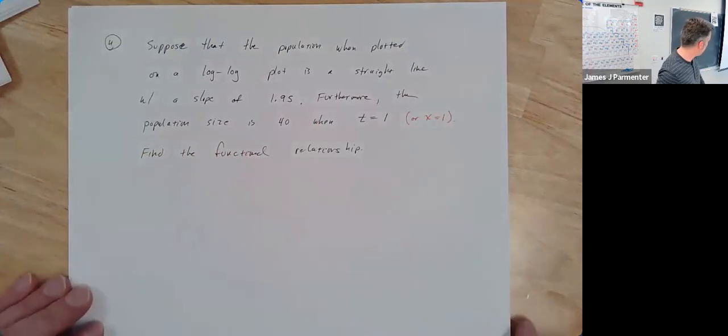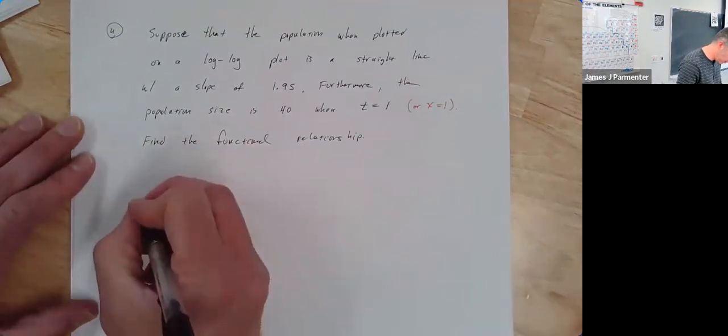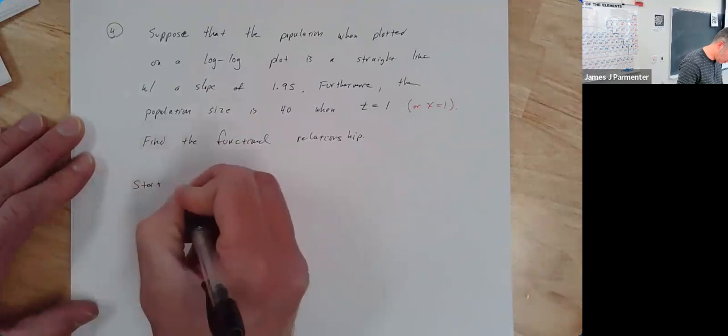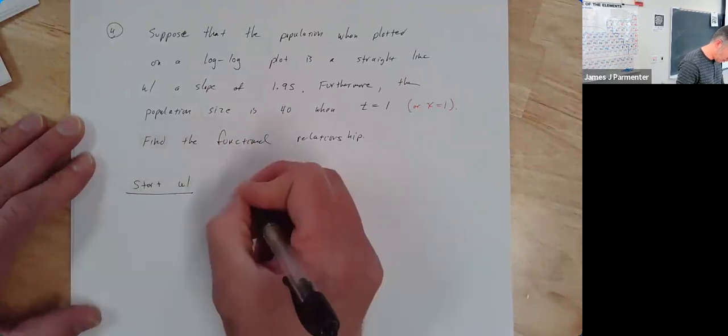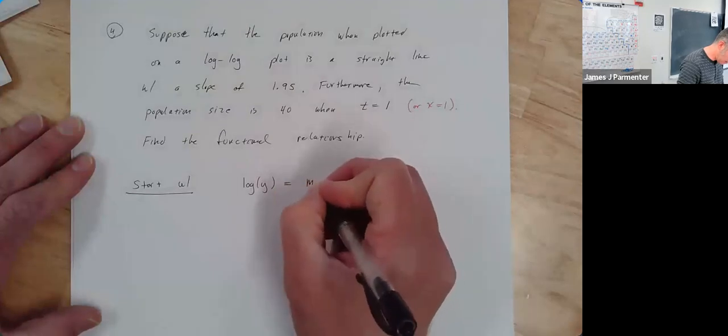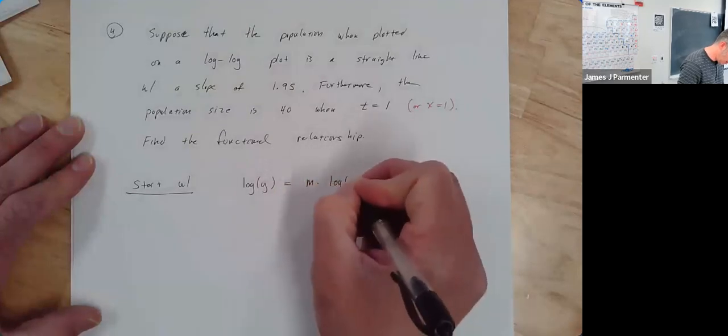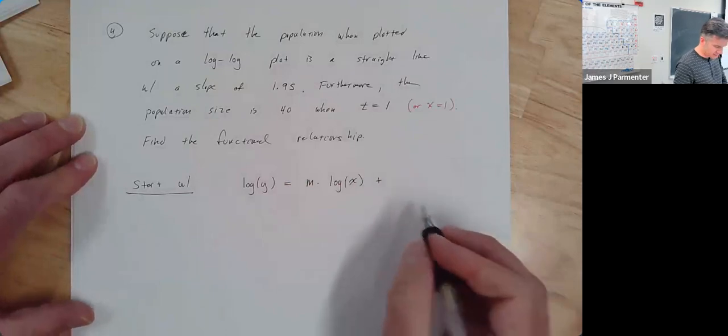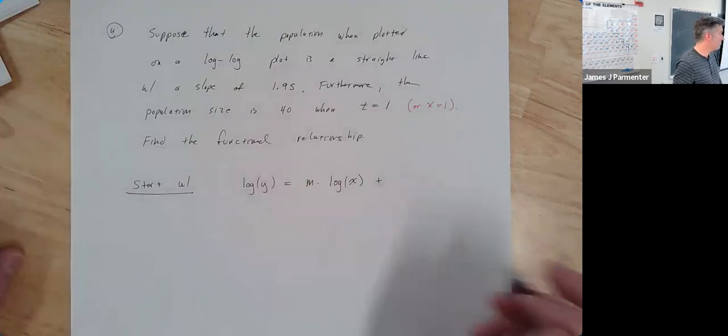I'll help get you all started. You should be starting with, well, they told us log. It's going to be log of y equal to m times log of x plus b.